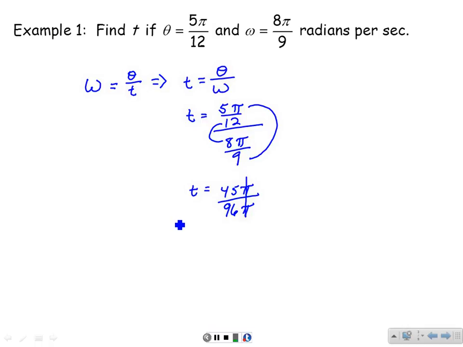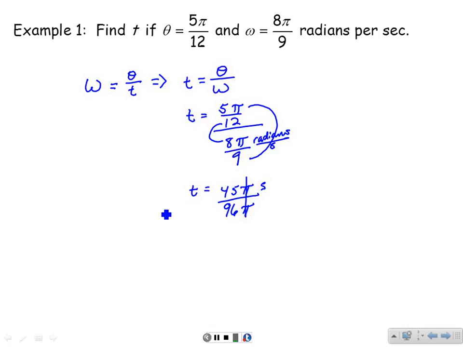And so we know that 8 pi over 9 is going to be radians per second. And so when pi cancels out, the radians cancel out. And then 9 times 5 is going to be the 45 seconds. And so 96 doesn't have units. And so we have our units in time. So your units can help you figure out if you're setting this up correctly.